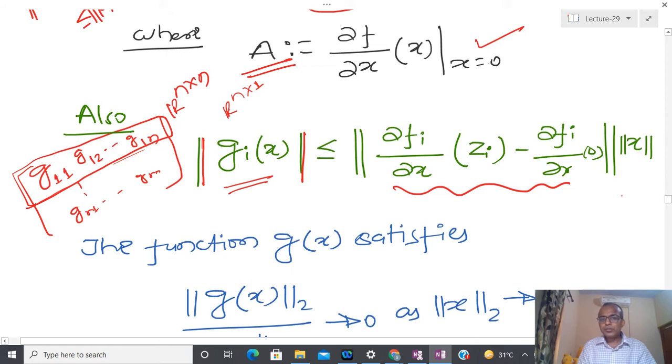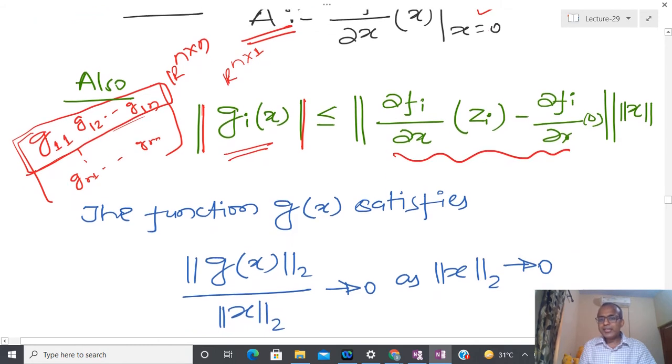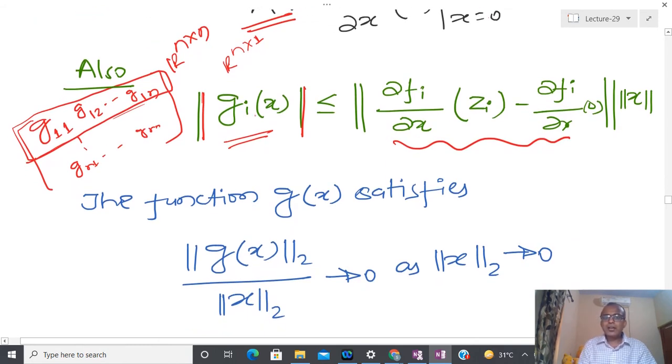Now you can see what I can write here. Everything is one dimensional, g_i after taking the absolute value. So I have divided both sides by the absolute value of x, and I am assuming that I am going to exclude the point where x equals 0.